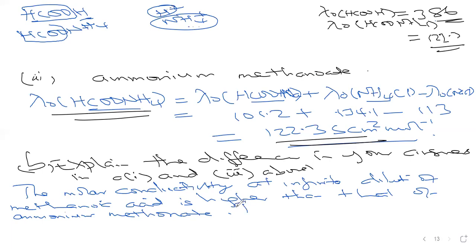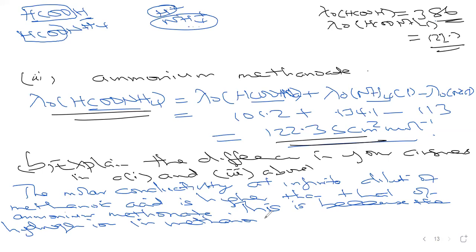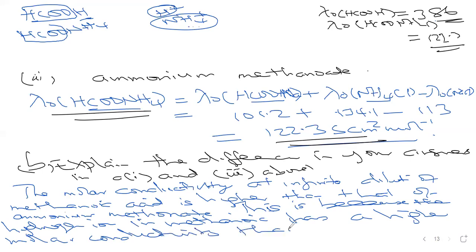So you're going to say this is because the hydrogen ion in methanoic acid has a higher molar conductivity than the ammonium ion in ammonium methanoate.